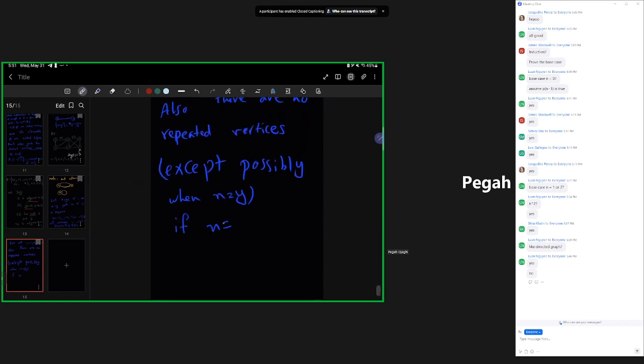If X is equal to Y, then we say the path is closed. Does it make sense? It means you start from the beginning, go all the way to the end. So it's like the path is closed already.